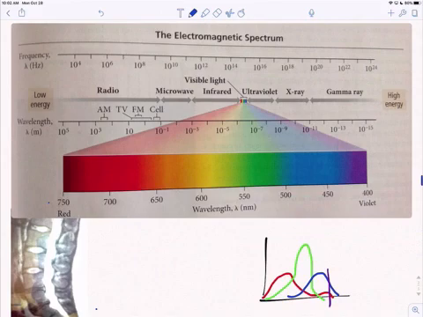Violet light is 400 nanometers, which is higher energy. Most humans can see down to about 800 nanometers, but most can see well between 700 and 400.